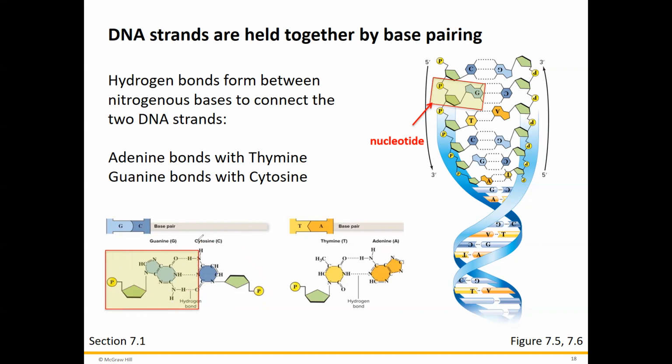And between guanine and cytosine, there's 3 hydrogen bonds that form. Between adenine and thymine, again, you'll notice this has to flip.